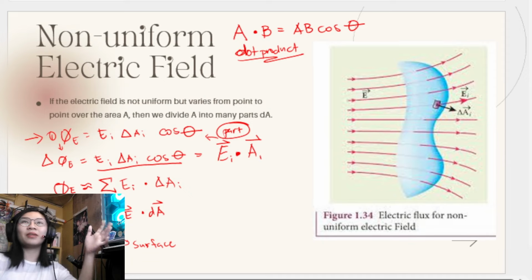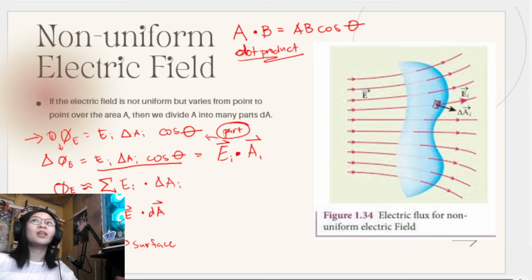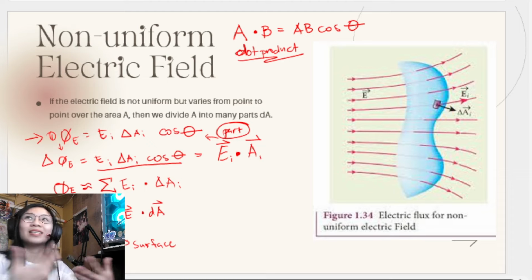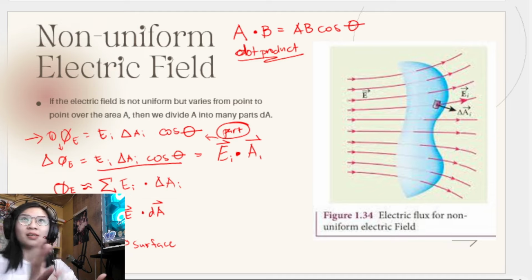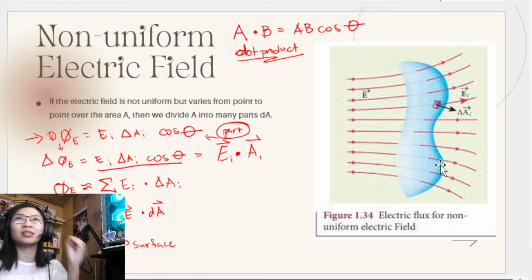Okay, so we'll go now here in a non-uniform electric field, because not all the time that your electric field is uniform or your surface area is uniform. So naay mga surfaces that have curved lines like this. It has curved lines. Therefore, ang iyahang A will be facing at different directions.